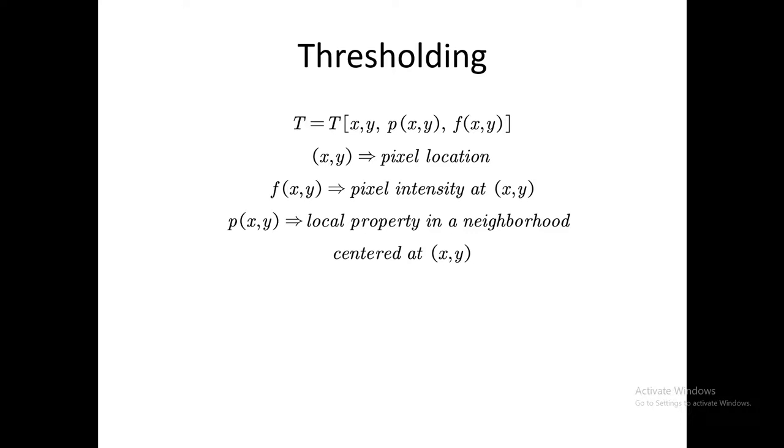In general, this threshold T is a function which can depend on the pixel location, the pixel value, as well as the local property within the neighborhood around the pixel location (x,y), or any combination of these three: pixel location, pixel value and neighborhood property. This neighborhood property can even be the average intensity value within a neighborhood around the pixel (x,y).